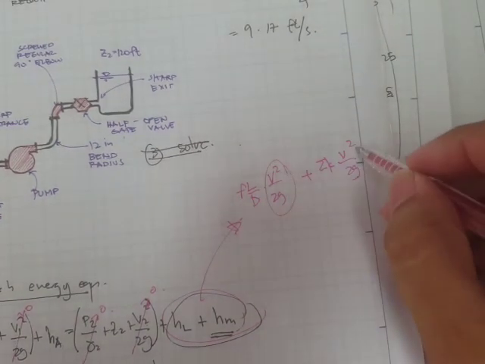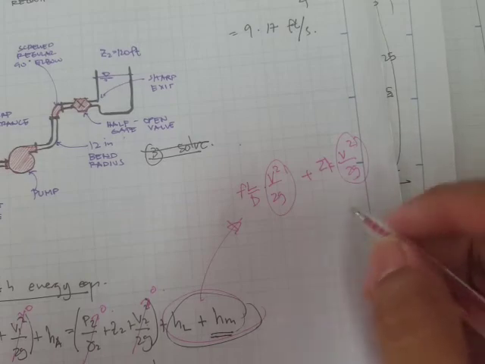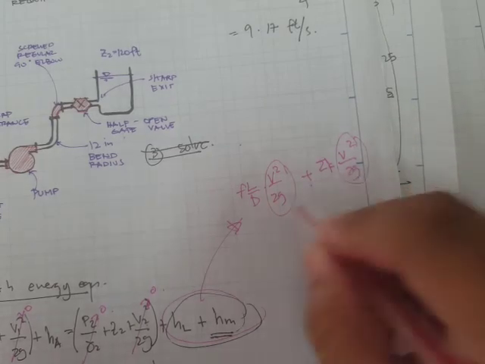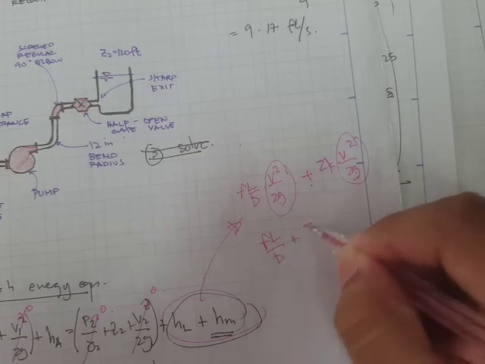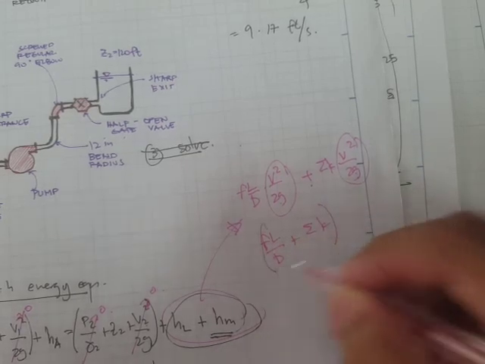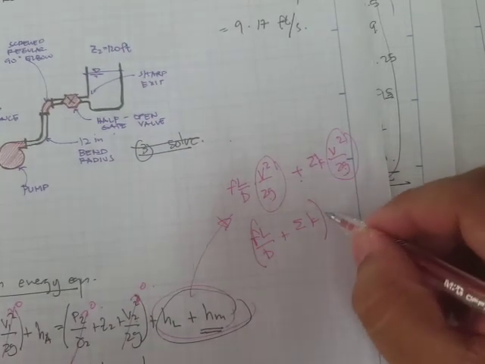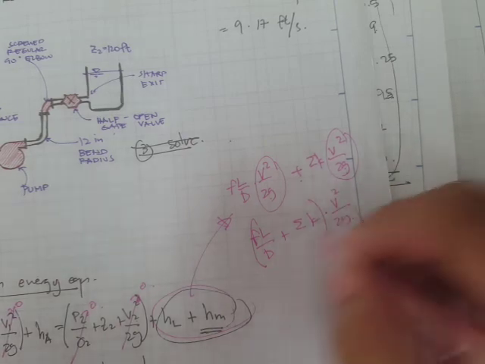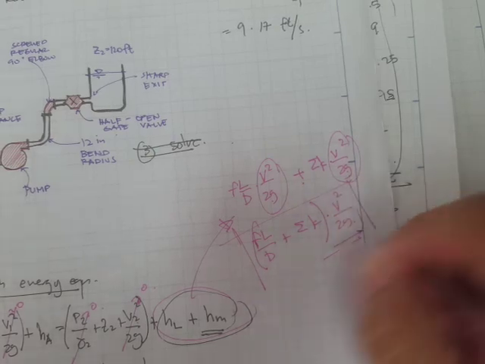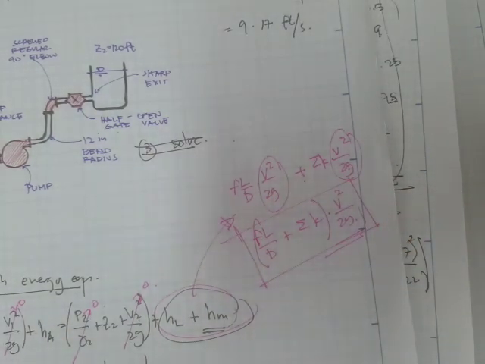Then you have this common term right here, and you can just factor out this one. And so what's left will be fL over D plus the summation of K, since they're both dimensionless, right, times the velocity head, V squared all over 2g. Okay, so you can do that as well if you'd like.